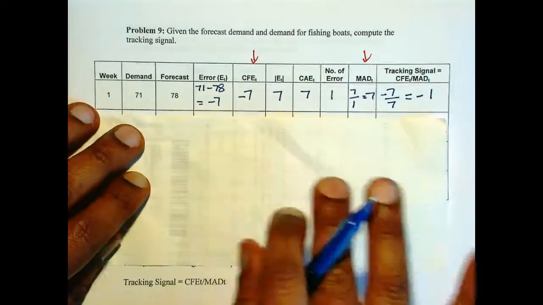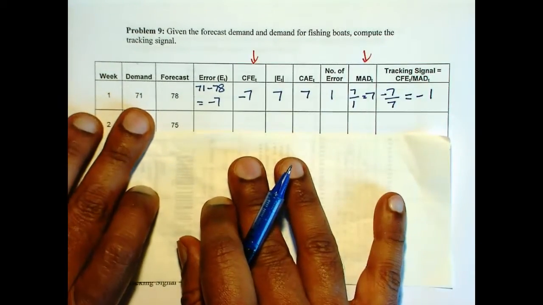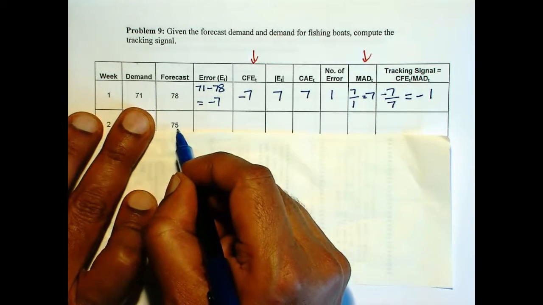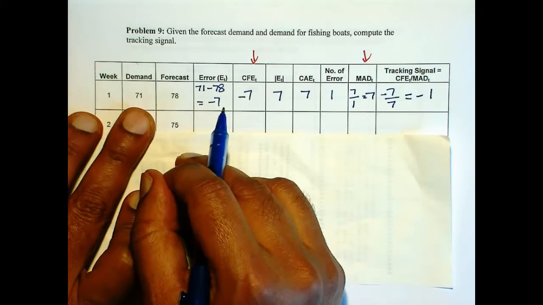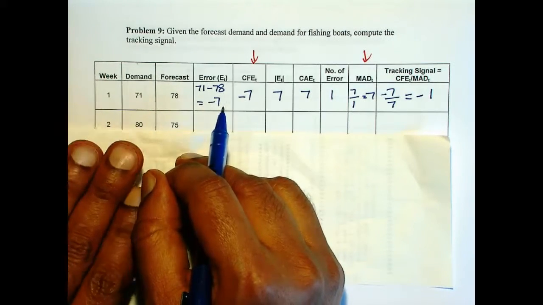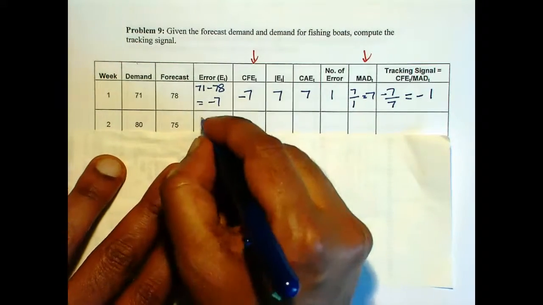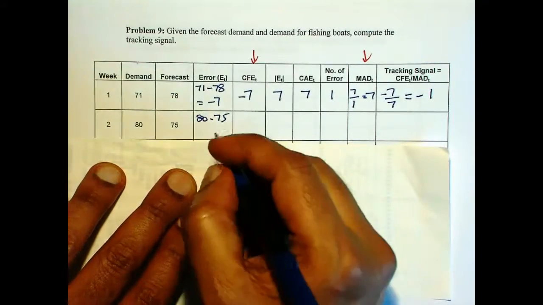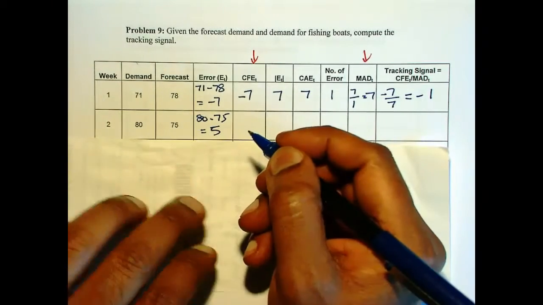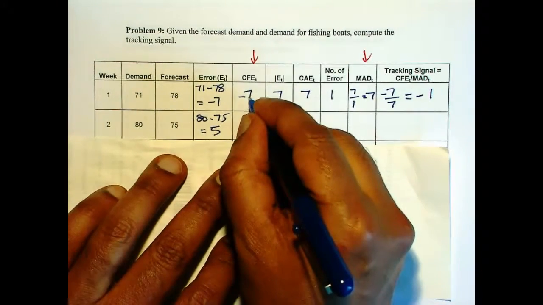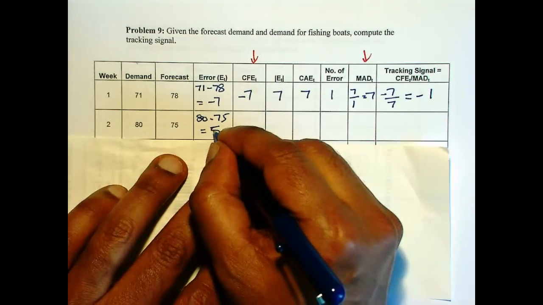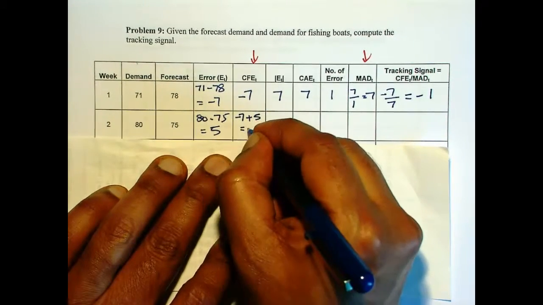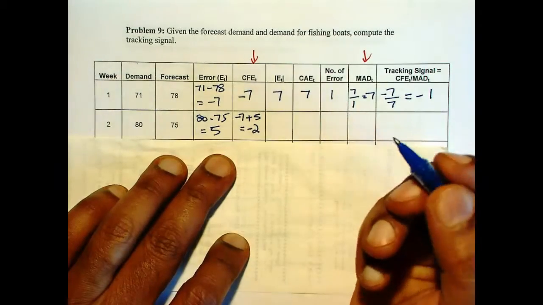Now we compute the forecast for the next time period. Let's say it's 75, whatever method, and then at the end of week 2 we have the actual. So now the error is 80 minus 75 equal to 5. Then the cumulative forecast error now is the previous total plus the current one, so you get minus 2.